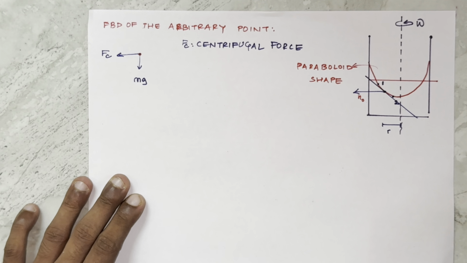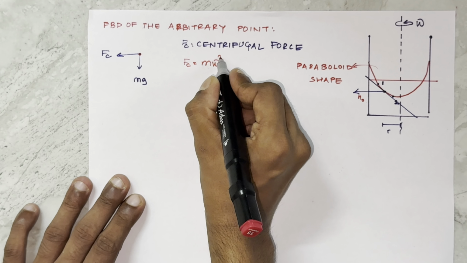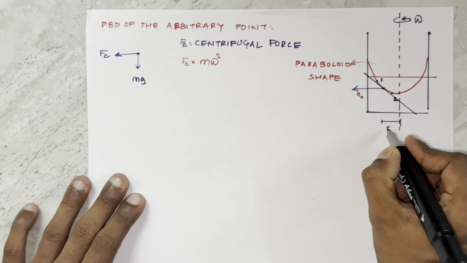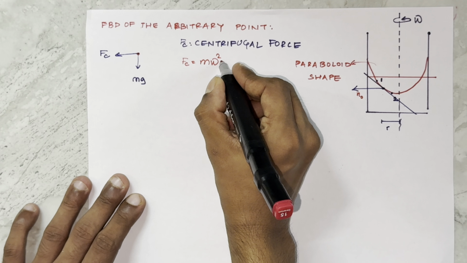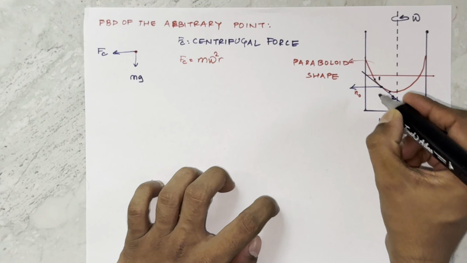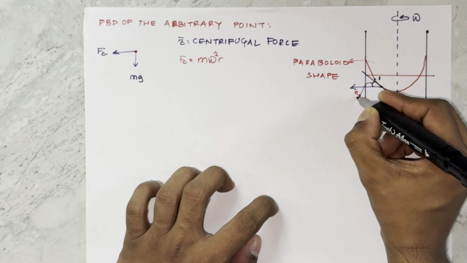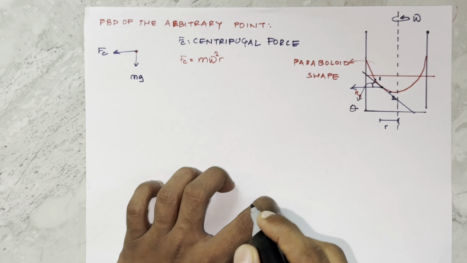So we have Fc, the centrifugal force, with magnitude m omega square r, where r is the distance of the point. Carefully looking at the diagram, let's say the inclination angle is theta.